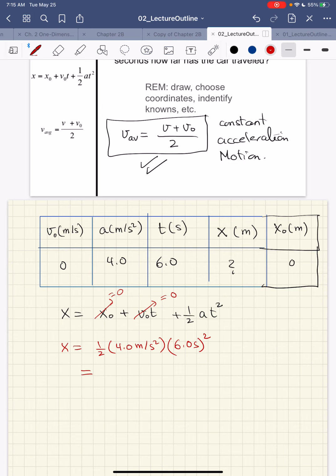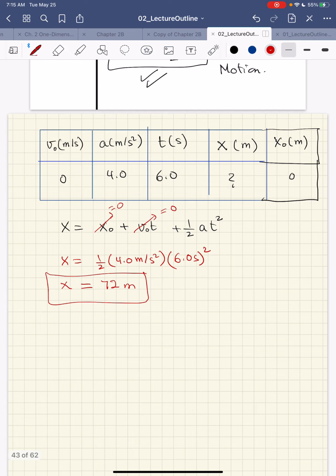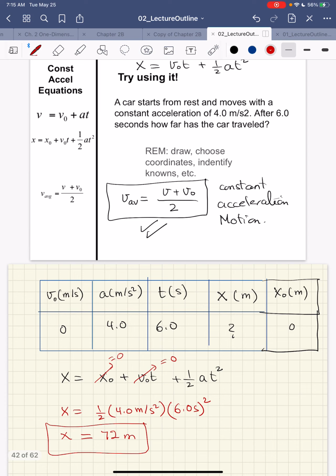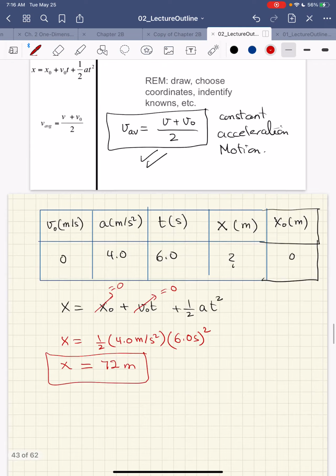Remember, we need to stick with the significant figures, and that is going to be 72 meters. Again, keeping 2 sig figs because the initial problem has only 2, and when we do the multiplication, we keep the same.